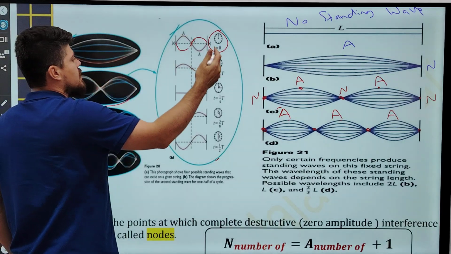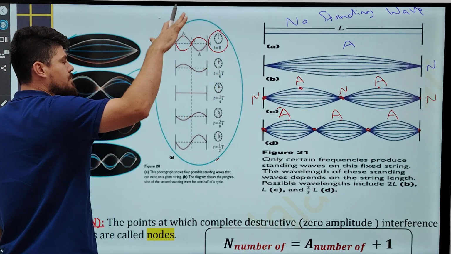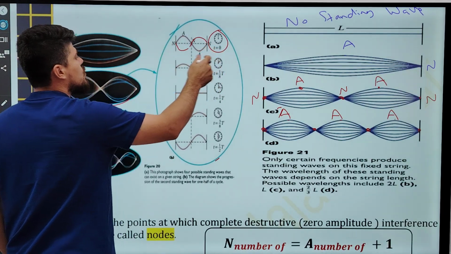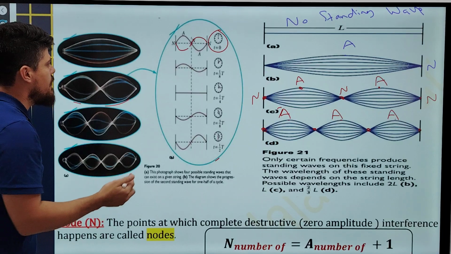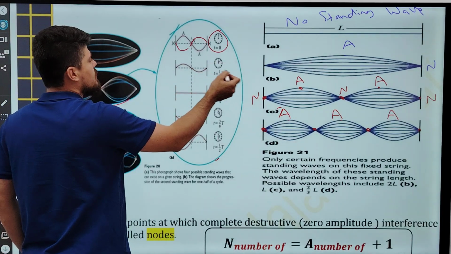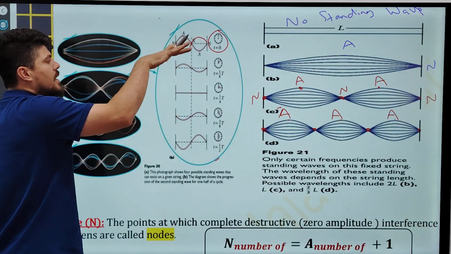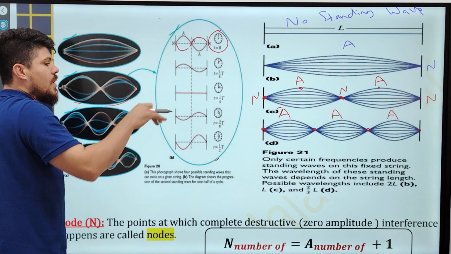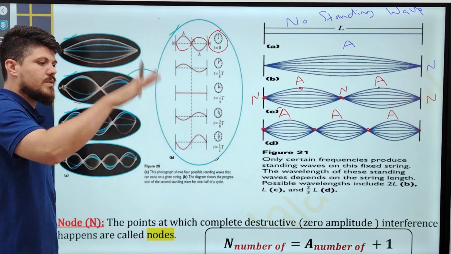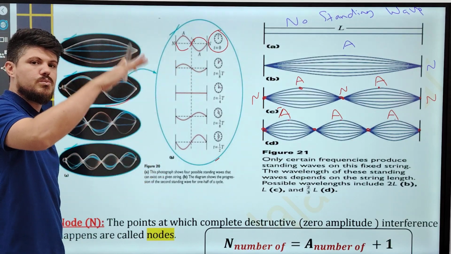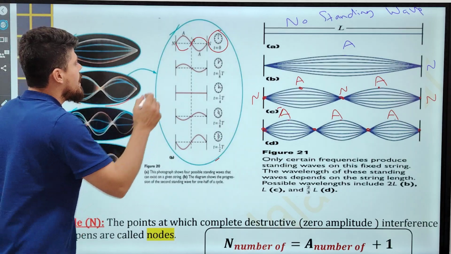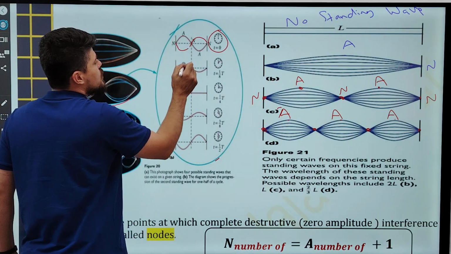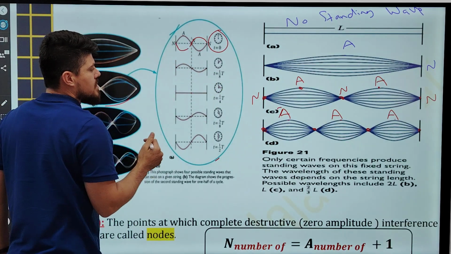But when the time increases, for example from 0 to 1/8 of the period, what happens to the amplitude? The amplitude decreases. Why? Because this is a standing wave. In the case of a standing wave, the string is always moving up and down. So the amplitude gradually decreases when the time increases.